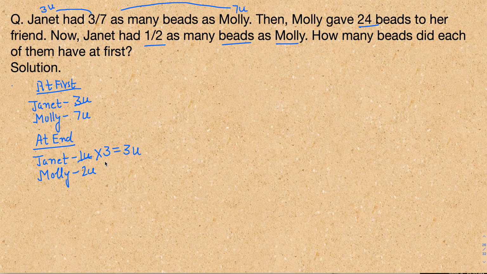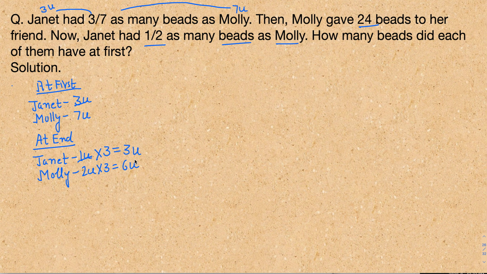But when we multiply one of the numbers by a fixed number like this, we have to multiply the other person's unit also by the same number. Why? Because otherwise the fraction will change. Even after multiplying with 3, their ratio should be the same.